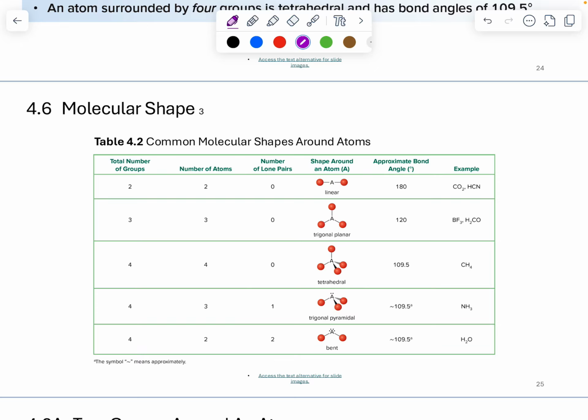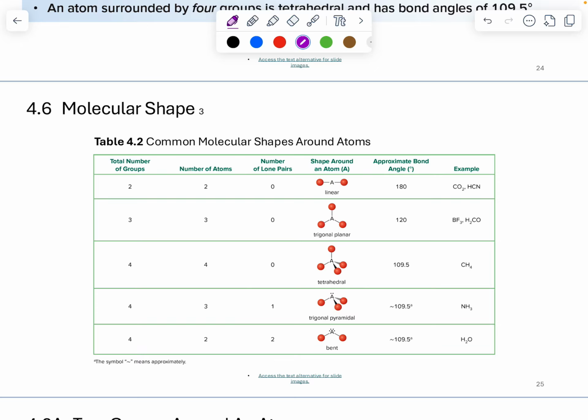And so the fact that there's a lone pair instead of a bonded atom, the shape takes on a slightly different configuration. So instead of tetrahedral, this is called trigonal pyramidal, and the bond angle would be less than the 109.5. And then finally our last shape here is bent, and notice that bent has 4 groups around the central atom. 2 of those groups are atoms, and 2 of those groups are lone pairs.